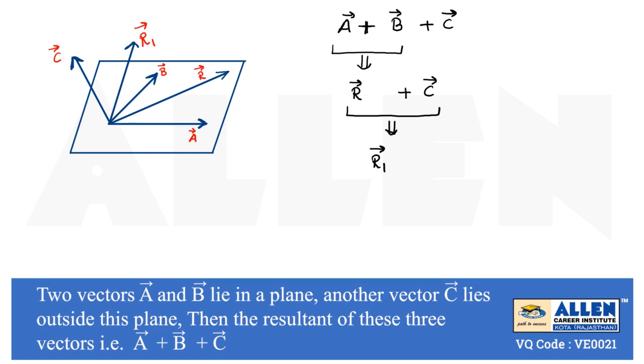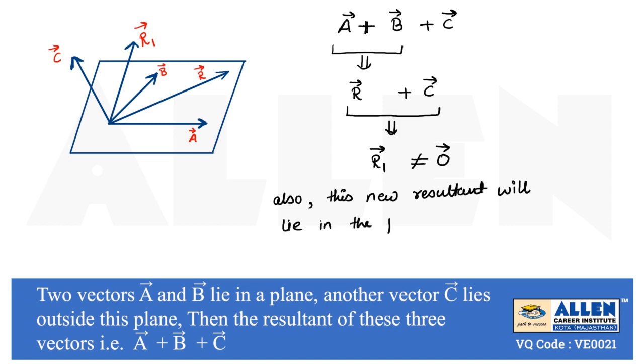So from here we can conclude r vector is not a null vector. R vector is not a null vector, means its magnitude is not equal to 0. Also, this new resultant will lie in the plane of r vector and c vector.